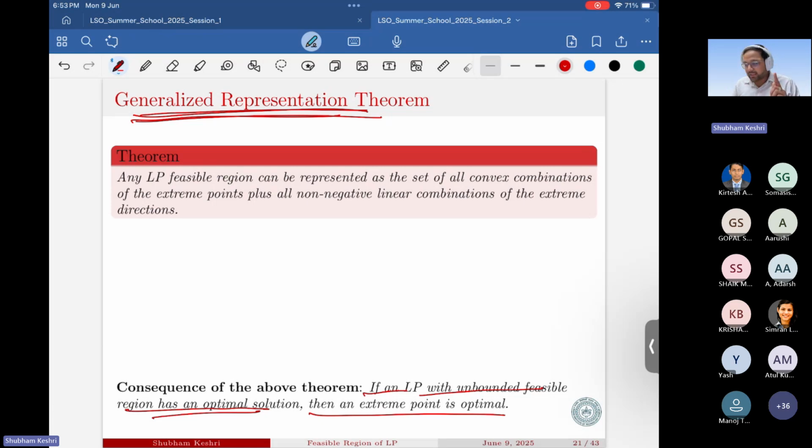Always an extreme point will be optimal if an optimal solution exists. If the optimal solution does not exist, then the feasible region is unbounded and the objective function value is unbounded. If the optimal solution exists, it will always be at a corner point.